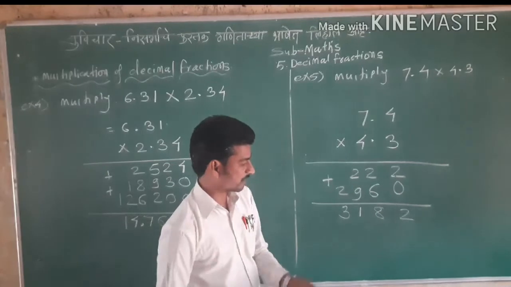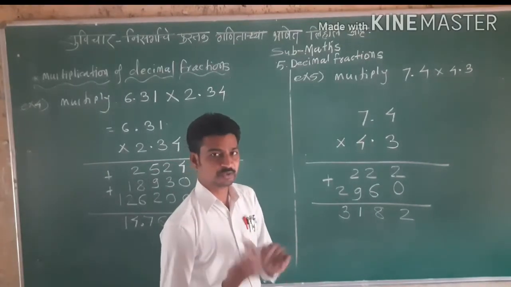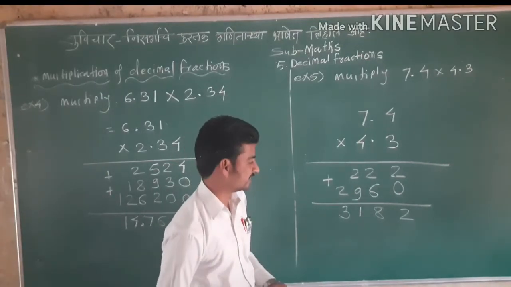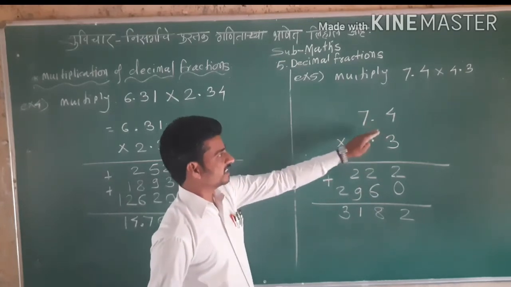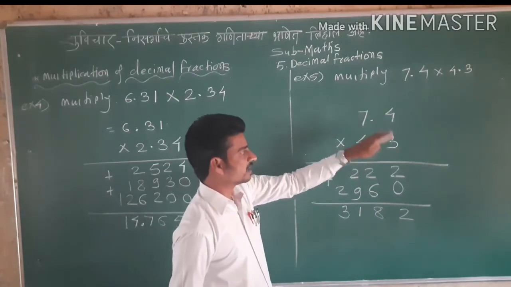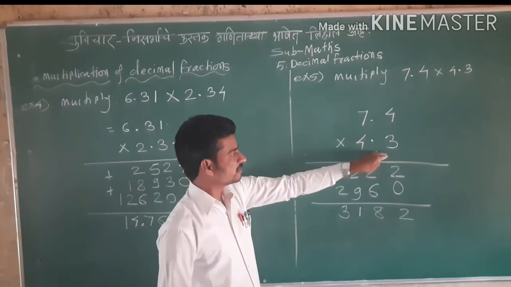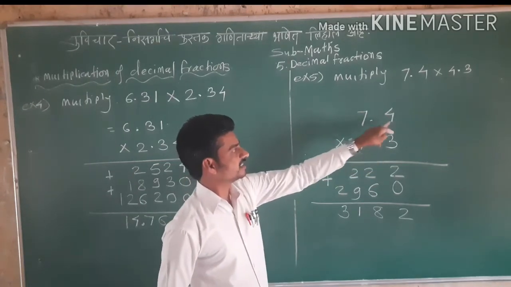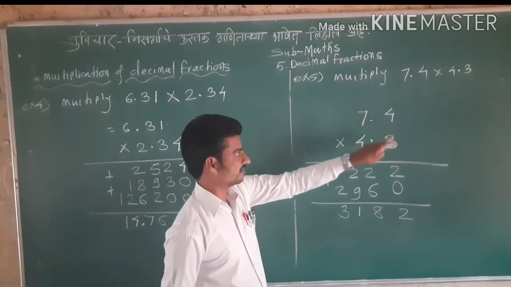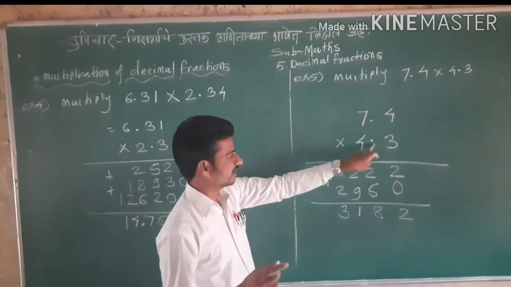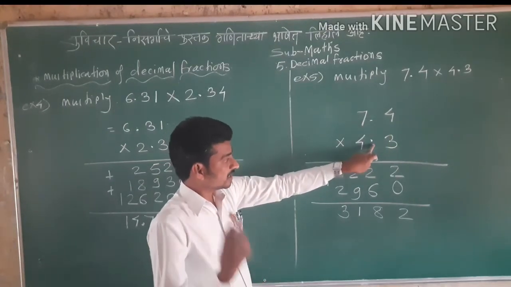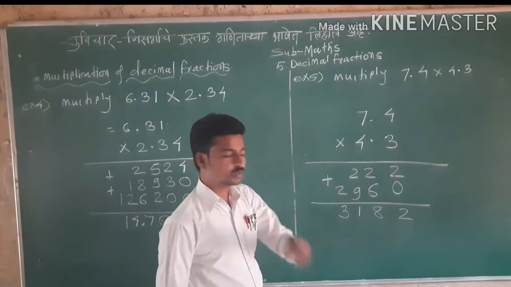Find the product. After finding the answer, or the product, what do we have to do? Count the decimal places in multiplicand and in multiplier. How many decimal places after the decimal point here? In multiplicand 1, and in multiplier 1. 1 plus 1 is 2.